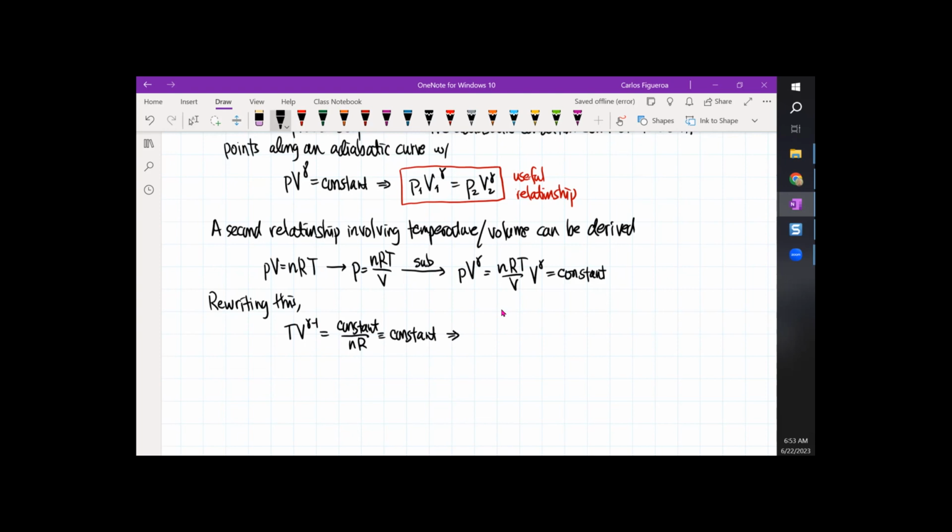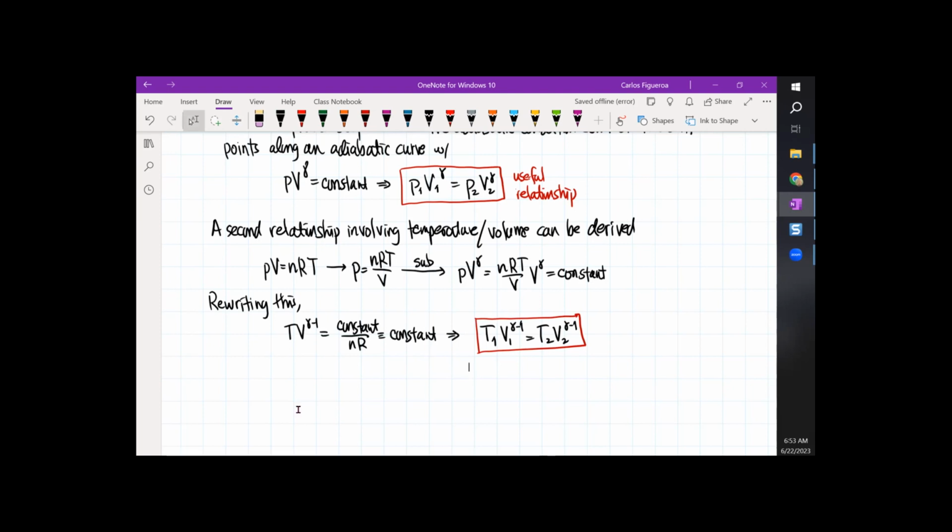So this immediately tells me that I have a second relationship for adiabatics. In some situations, this is extremely useful, but it's mostly the first one that's the most useful of all.